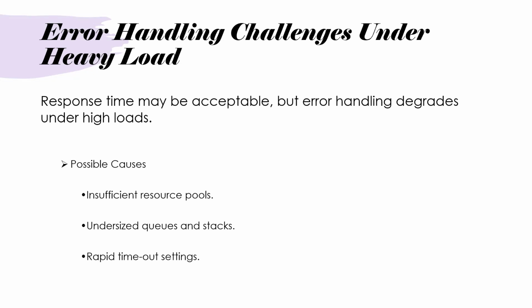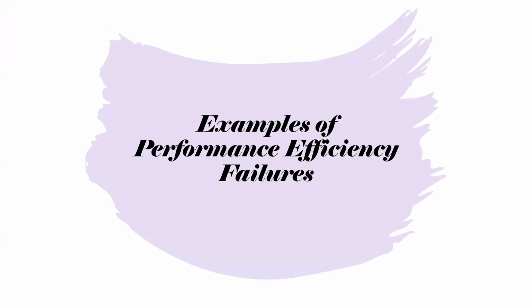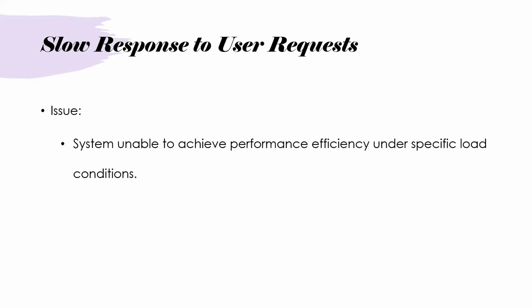Apart from the main three performance bottlenecks, there are a few other performance challenges that we could identify during the performance test. The first one is slow response time to a user request. When a user sends a request to the server, if they get a delayed response, it's called a slow response.